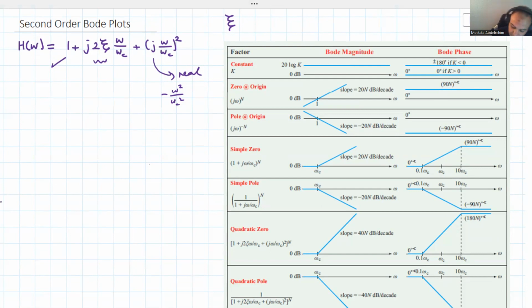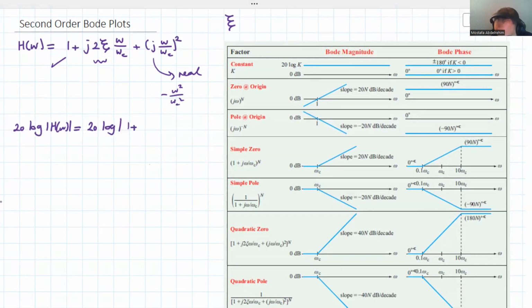Okay, good. So let's see how to draw it. Again, when we draw 20 log h of omega, it's the magnitude of h of omega, of course. So 20 log magnitude of h of omega, which is 20 log the magnitude of all that stuff: 1 plus j omega over omega c square.